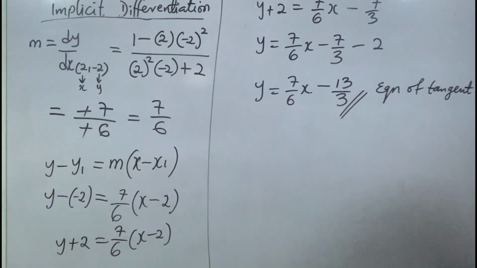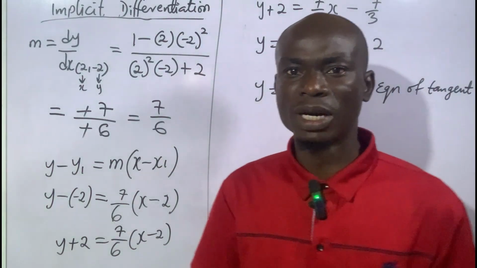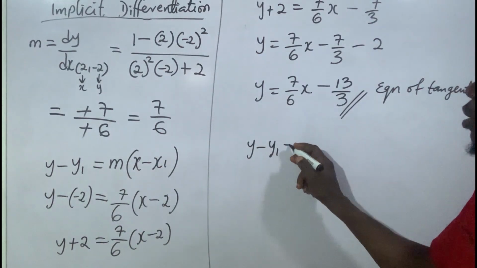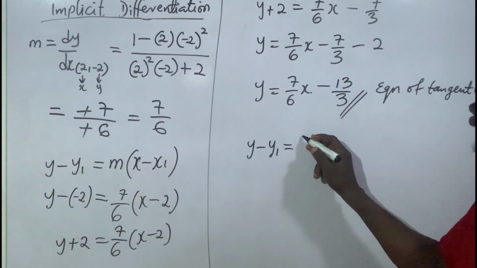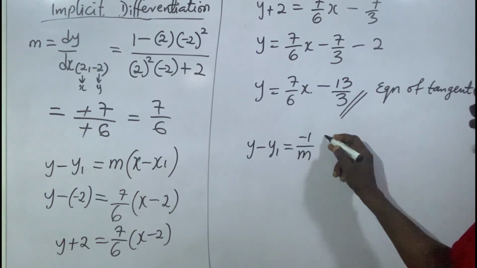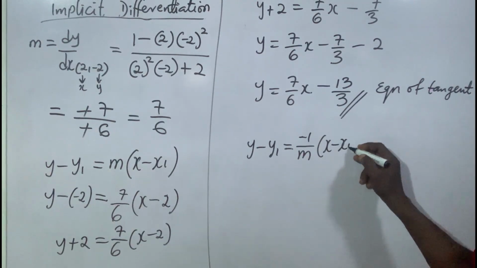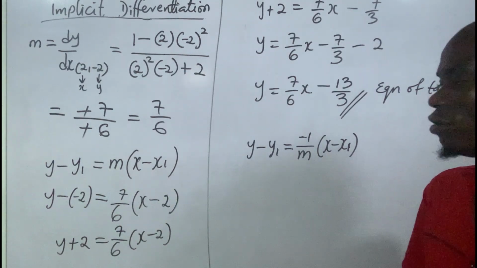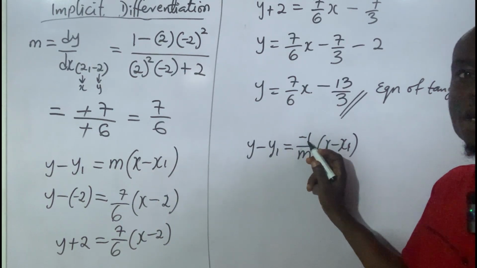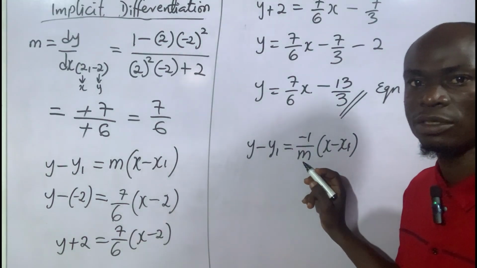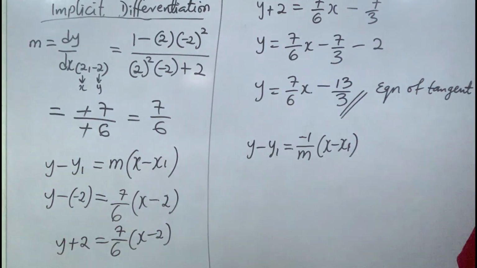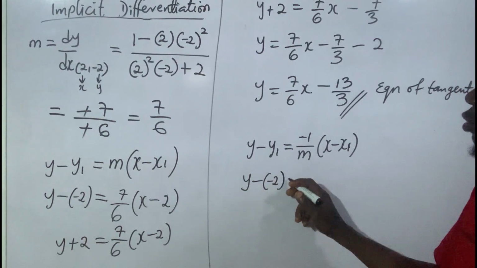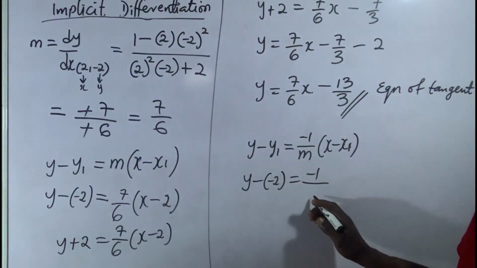Okay. So to obtain the equation of normal, we use the formula that says y minus y1 equal to minus 1 over m into x minus x1. Look at the two formulas carefully. It's a slight difference, the negative inverse of the slope of tangent. Every other parameter is available, so we can substitute minus 2 over minus 1 over m.